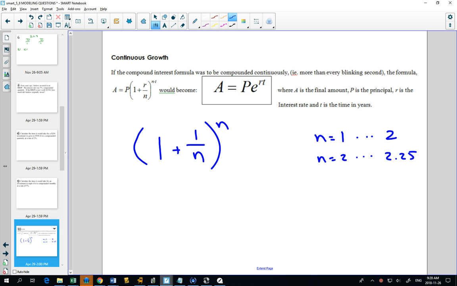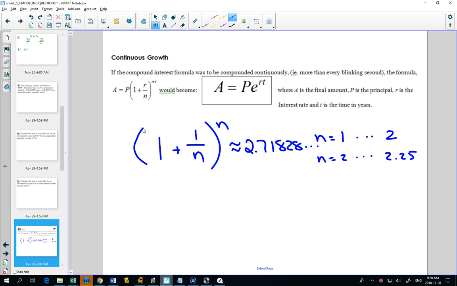So try a very large number for n. And tell me what this gets close to. 2.71828, okay. So someone did a very large number and they got that.